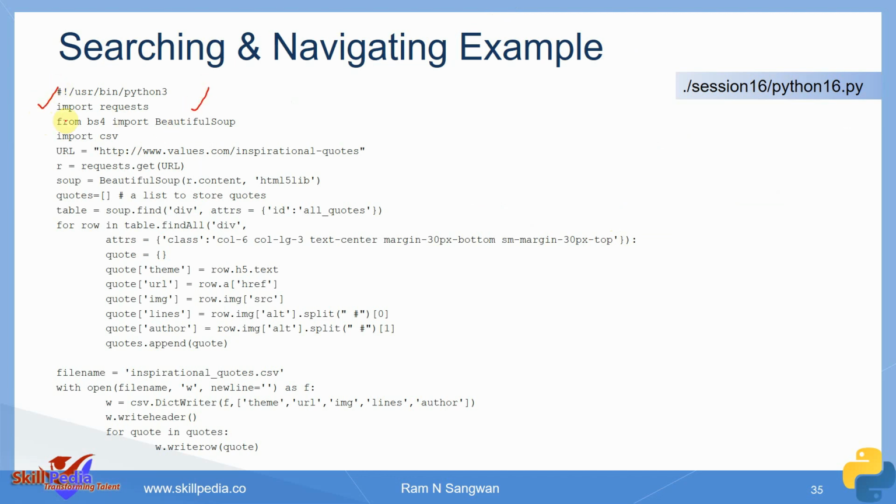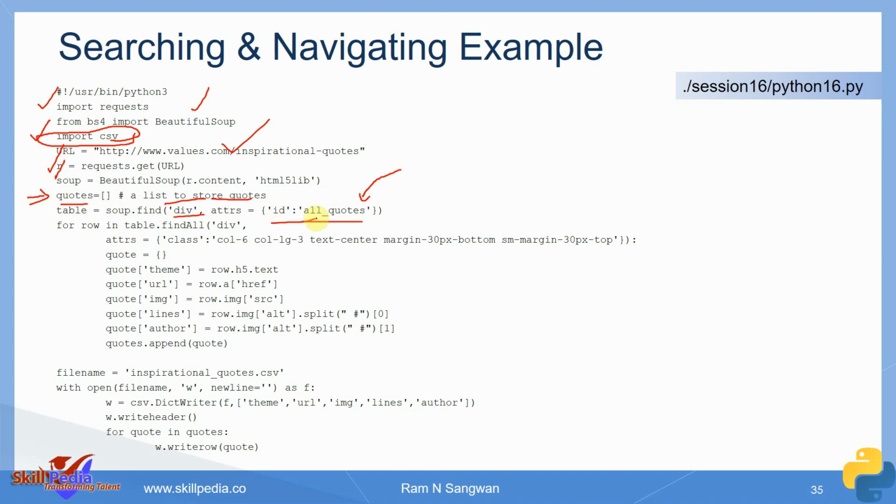Import requests, BeautifulSoup and csv, which means we are going to save those quotes in a CSV file. Fetch the data from this URL, get the raw data, beautify it, and create a list object to store the quotes. Then find the div with id all_quotes, because this is the identification of where the quotes are stored.